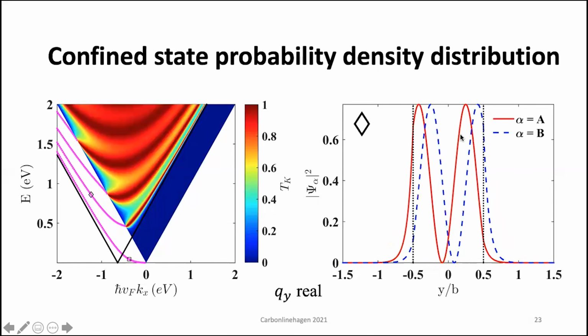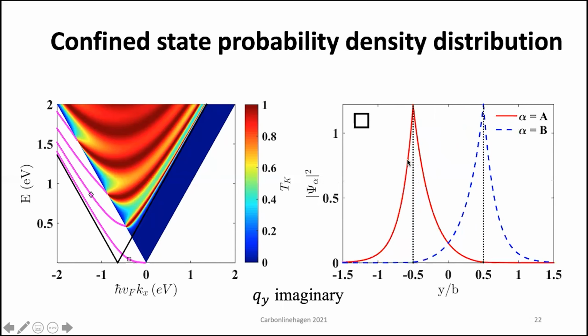They have a sinusoidal component, an oscillatory component, but they exist inside the barrier, and effectively they decay outside the barrier. And again, if I look at per component, that is per sublattice, I see that the states are distributed in each sublattice and slightly separated, the maxima separated slightly from each other. So these states are separated per sublattice too.